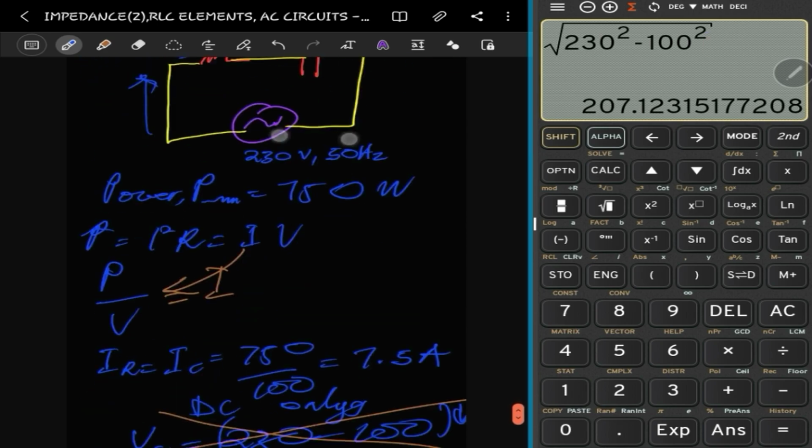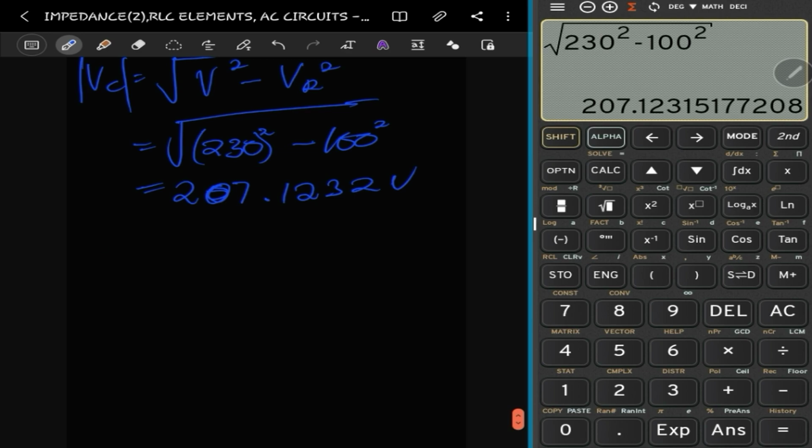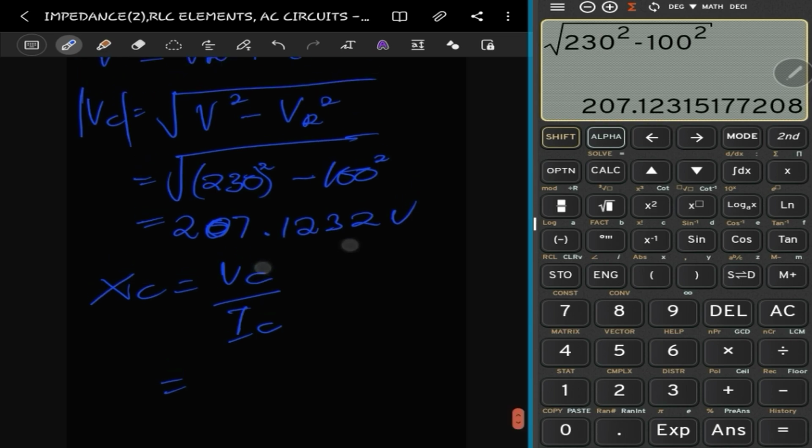Now that we have this, we can go straight forward and find our XC. So XC will be equal to VC over IC. Well, we know IC is equal to IR. So let's see, what do we have?